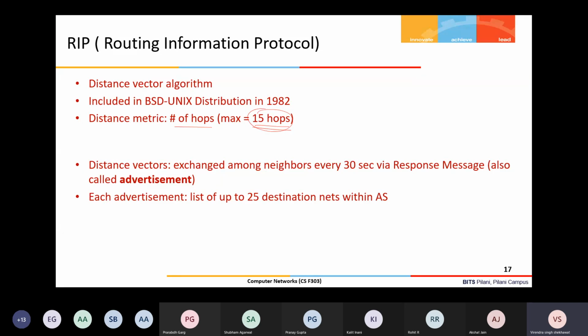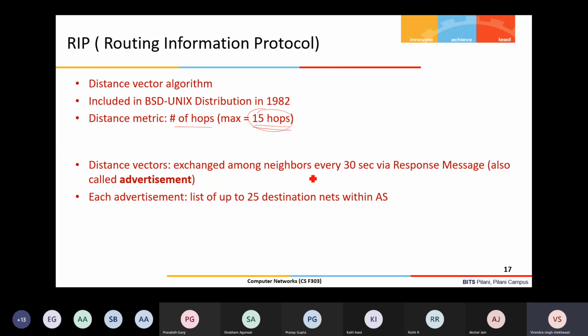Your packet will never reach the destination, because after 15 hops your hop count will become 0, and after that no packet forwarding is there. So if the width of the network is more than 15, it does not work. But usually on the internet, most of the destinations are not more than 15 hops apart. That's the reason why they have kept it.